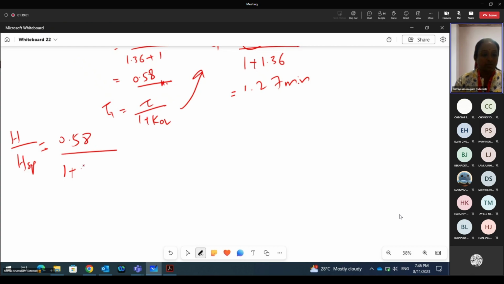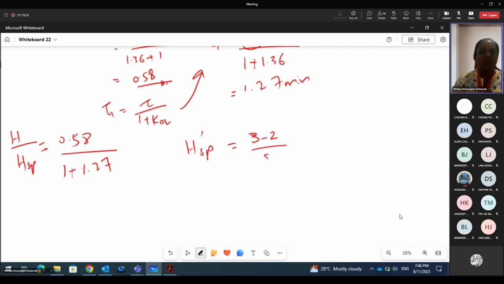Tau 1 here is 1.27. Also we know that HSP can be expressed in terms of the final set point, which is 3, and the previous set point is 2.